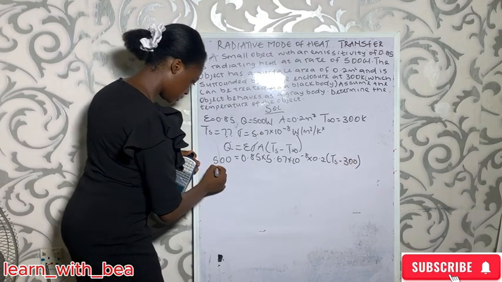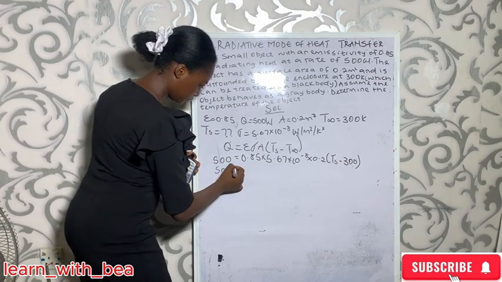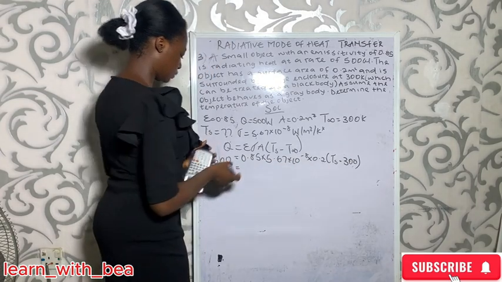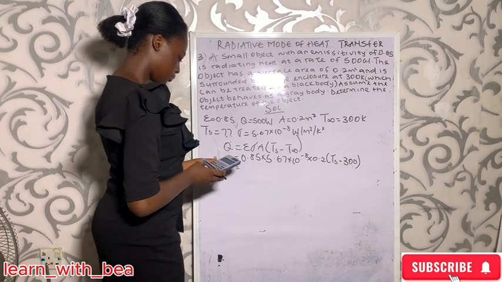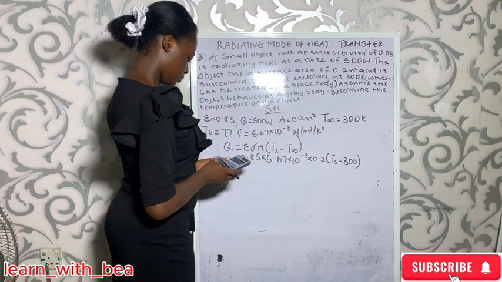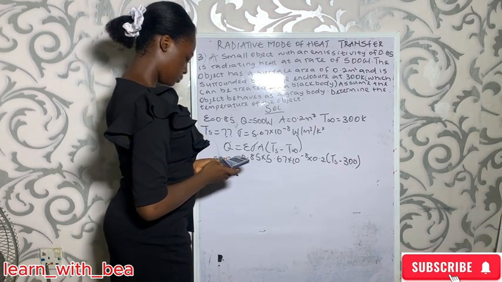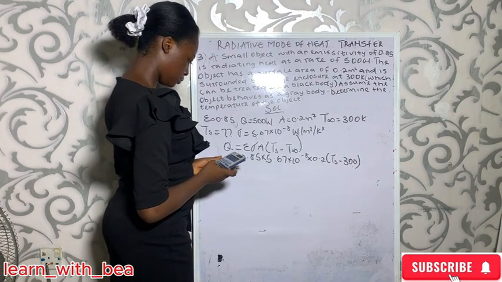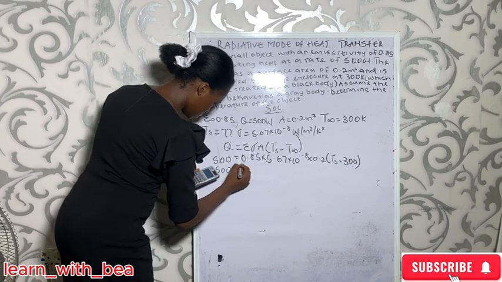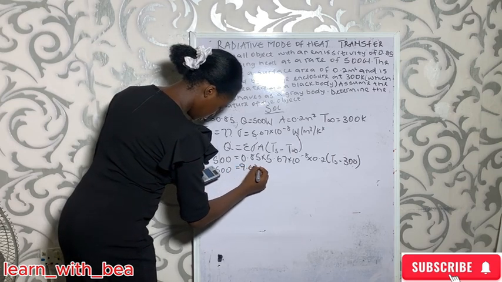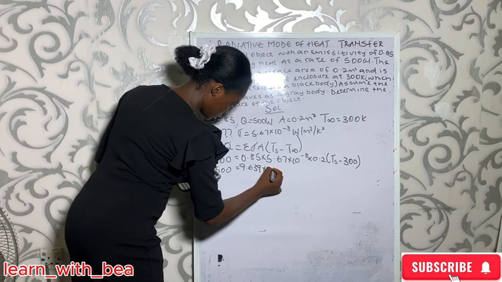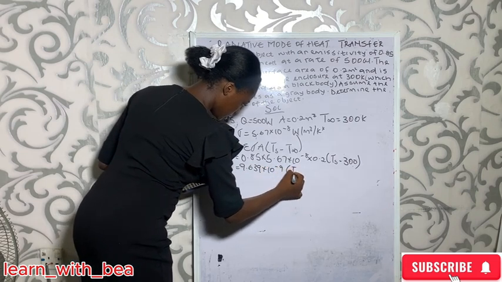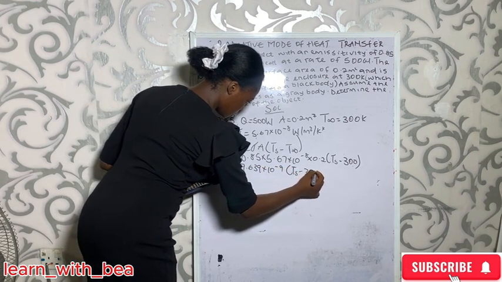So 500 equals, let's multiply all of this together, 9.639 times 10 power minus 9 times Ts to the fourth minus 300 to the fourth.